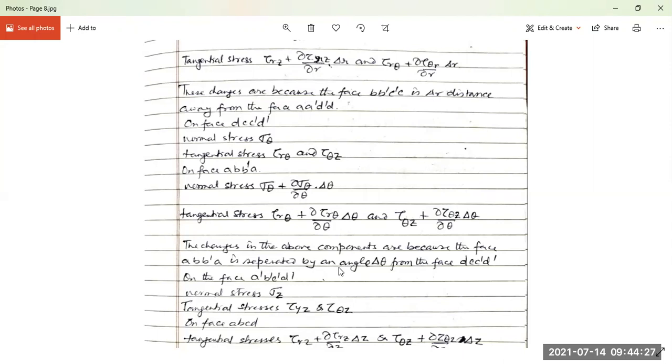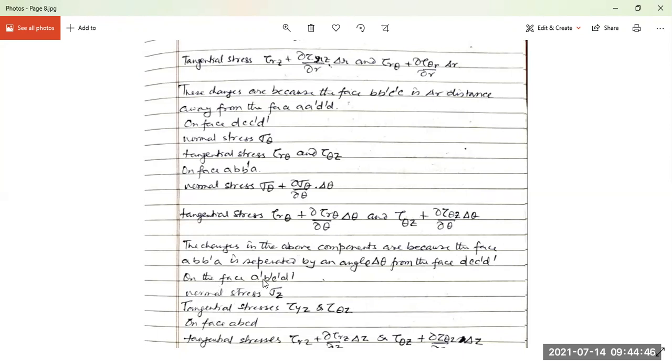So the changes in the above components are because the phase a dash b dash c dash d dash is separated by an angle delta theta from this phase a b c d.